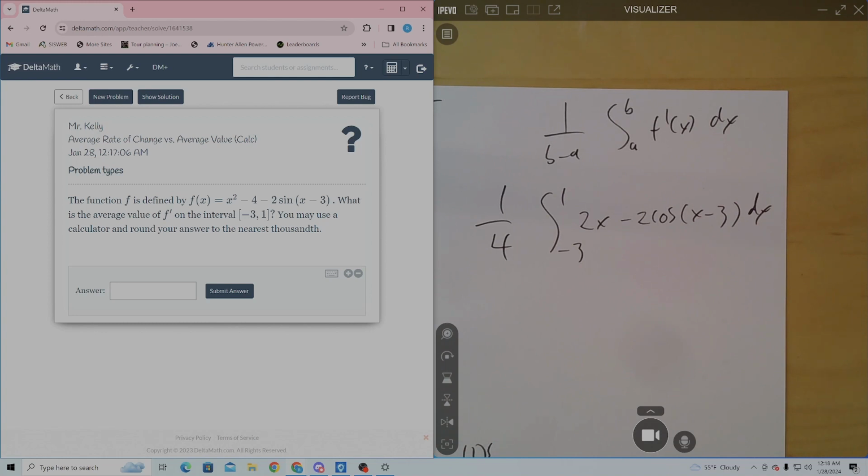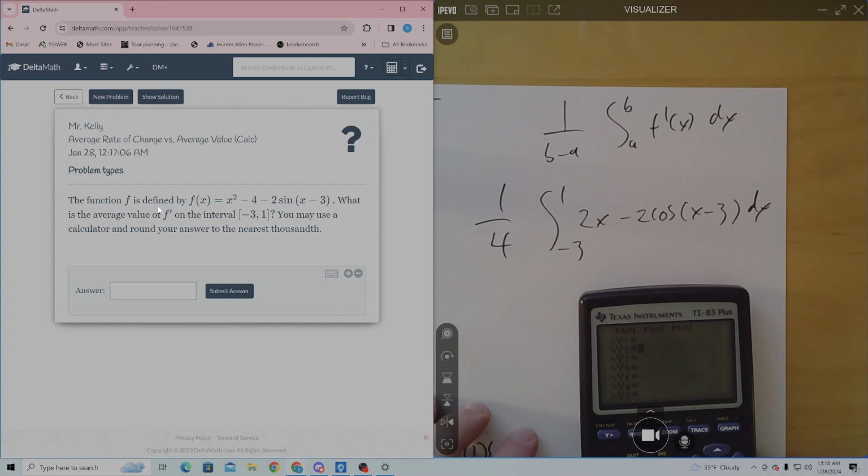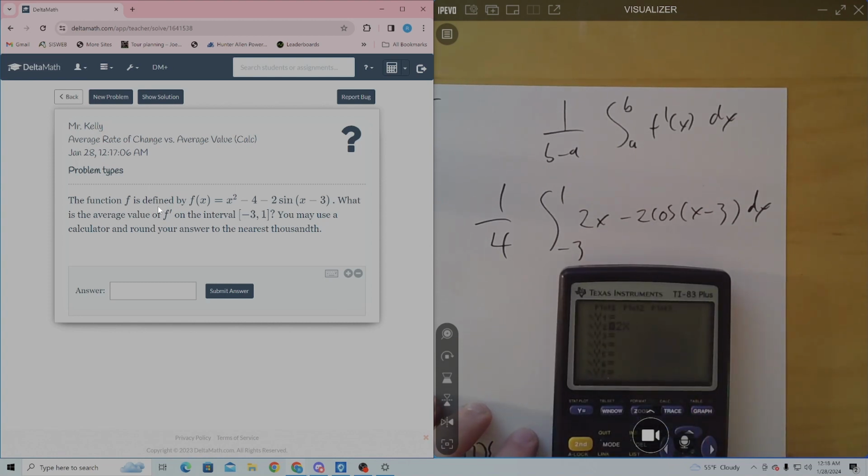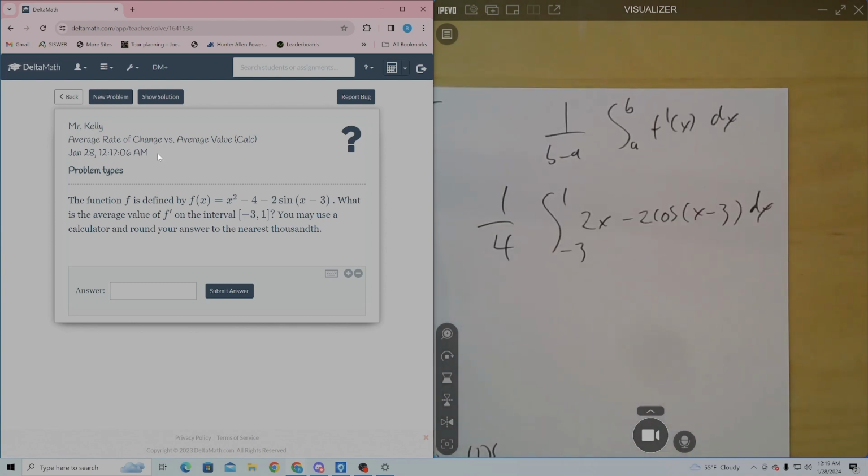You go to y equals, plug in 2x minus 2 cosine x minus 3 in y2. Then math 9, y2, comma x, comma -3, comma 1, then divided by 4. -1.406 would be my answer.